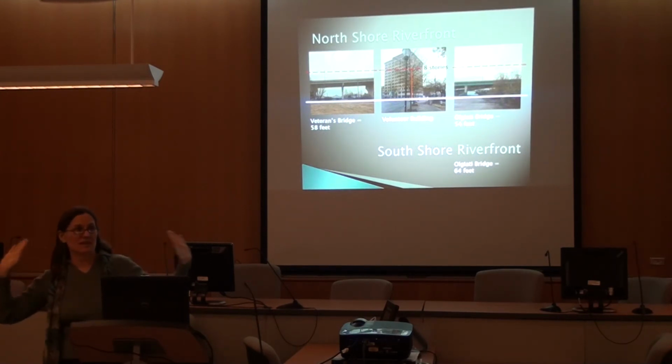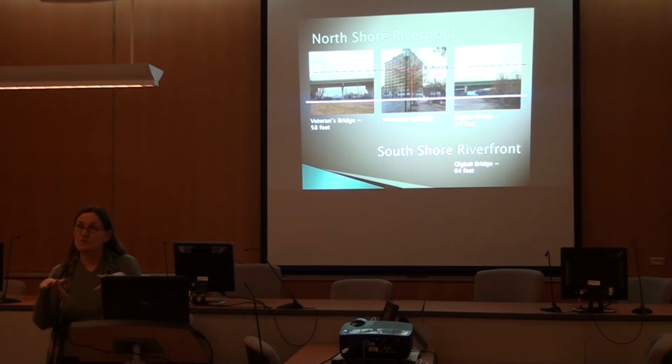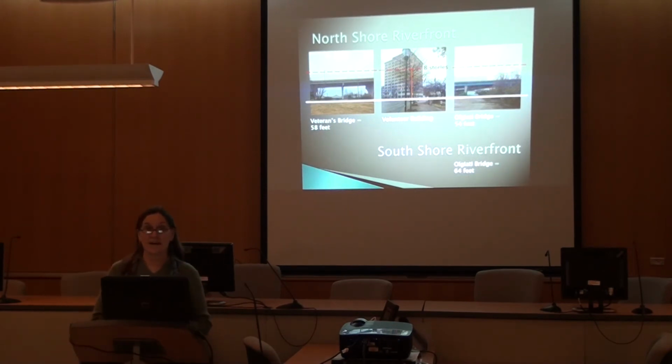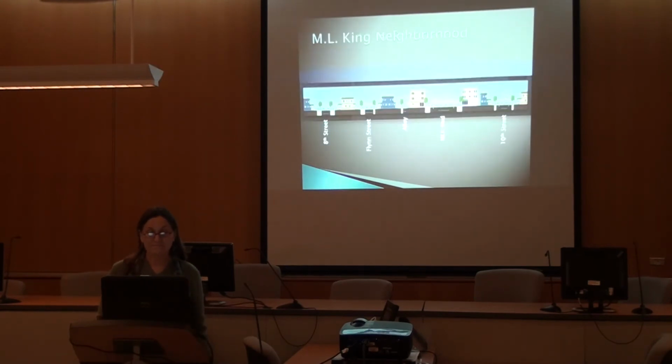And those are mostly on the western and eastern edges next to the bridges. And then as you come closer to Coolidge Park, on the North Shore, the buildings get a little bit lower. So that's what we're proposing right now. So again, all this is still a draft until the City Council adopts it. So we really appreciate any feedback any of you have about any of these issues.